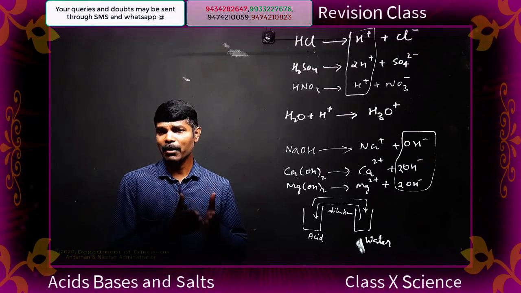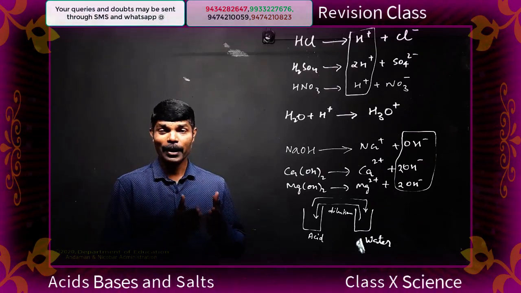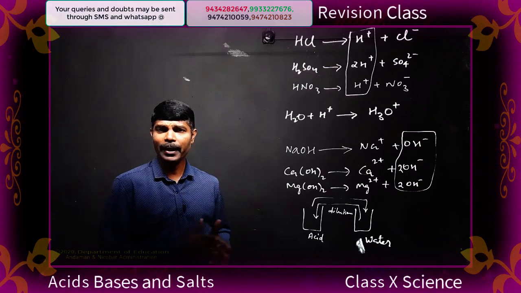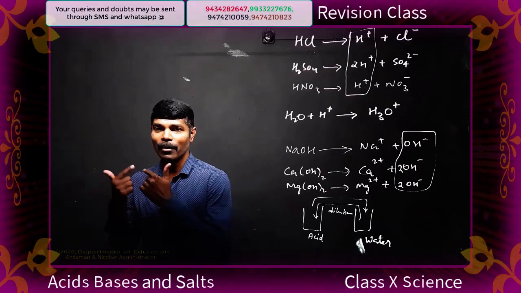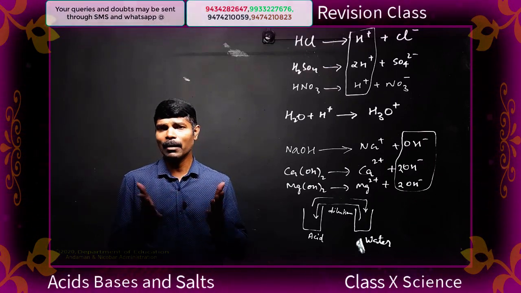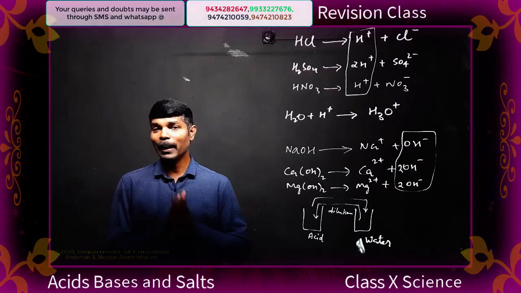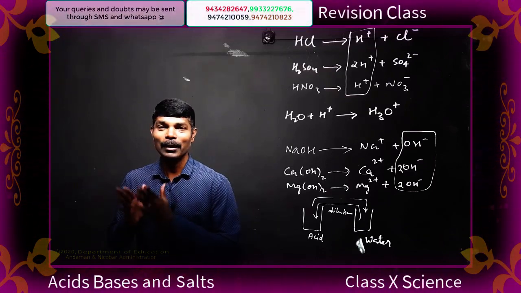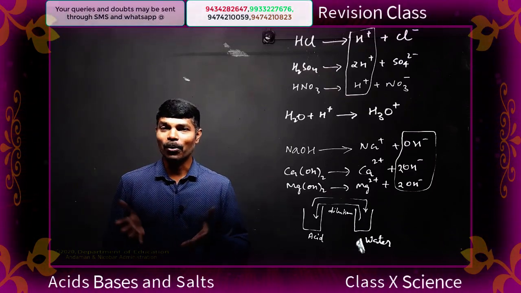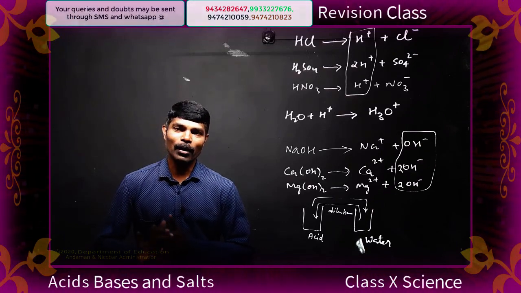The litmus paper, phenolphthalein indicator, methyl orange, all those indicators are helpful in identifying an acid or base. We can test for acidic or basic behavior, but those indicators won't tell us about the strength of the acid.